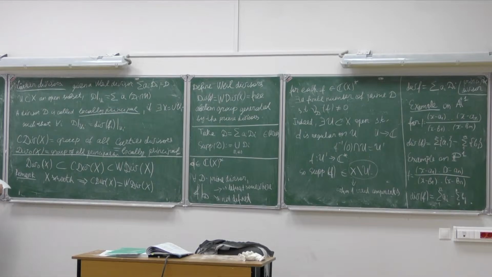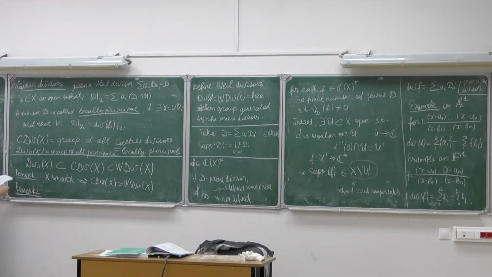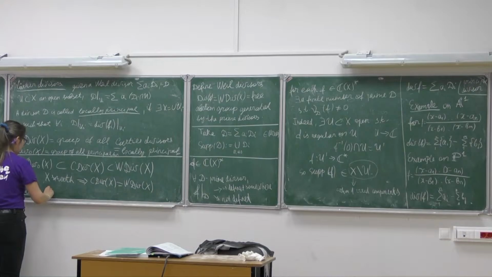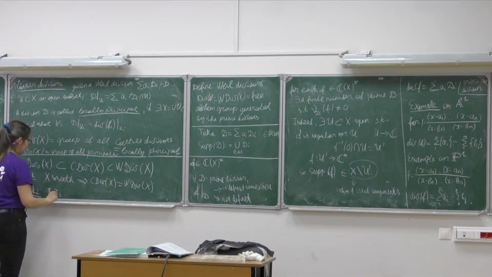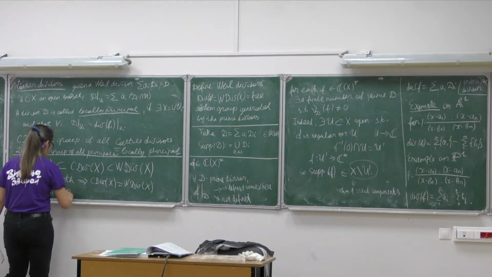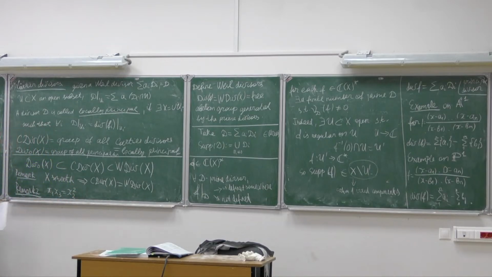Maybe the simplest example when they do not coincide is that suppose that we take x1 x3 equals x2 squared.